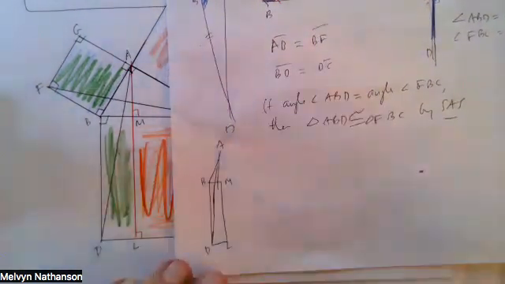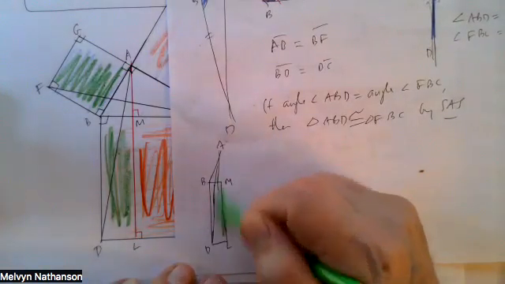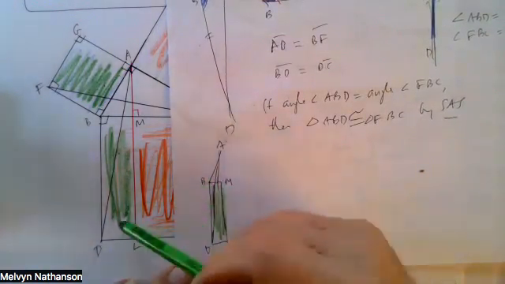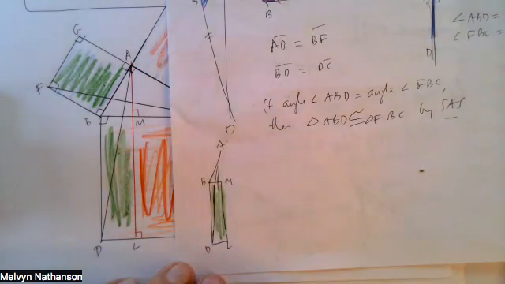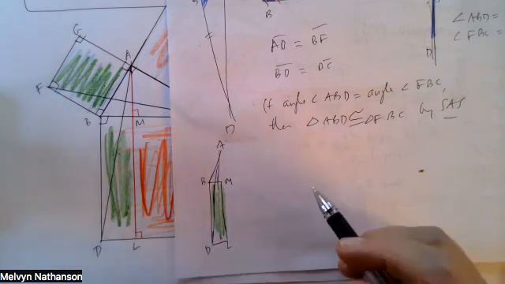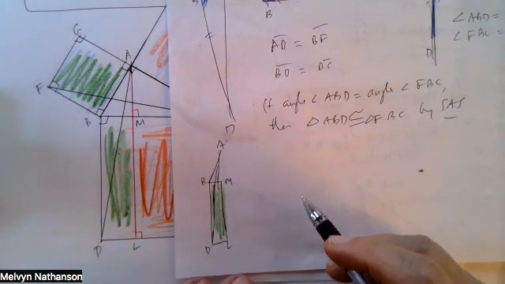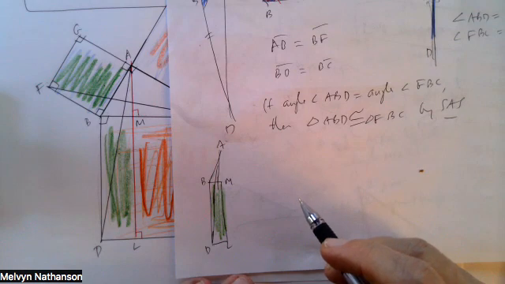So from this picture, this is the green rectangle at the bottom, and this is that skinny triangle ABD. Let me just draw the picture horizontally. It might be a little bit clearer.